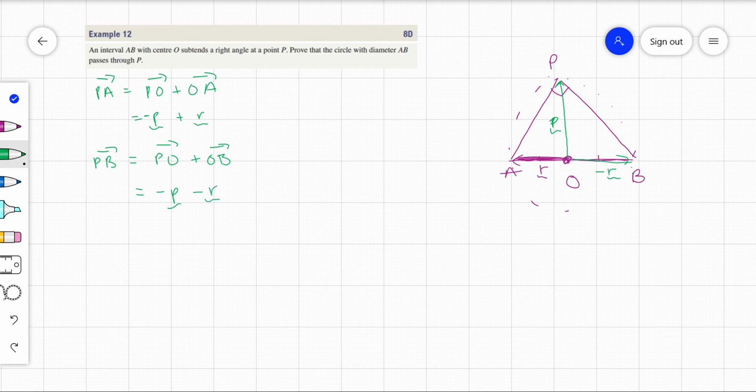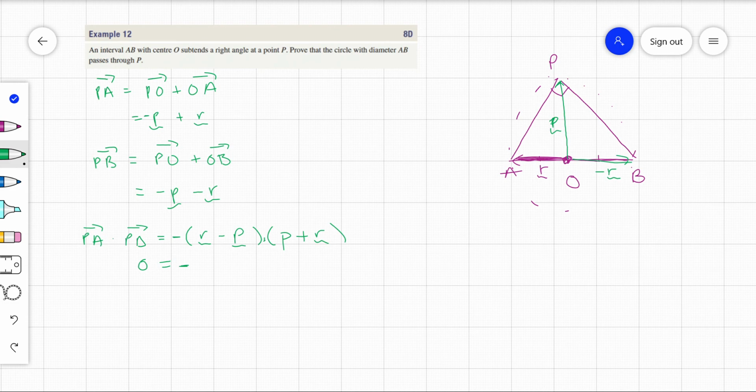When I do the dot product of PA with PB, I know I'm going to get 0. So I write R minus P, dotted with, and I'll put the minus out the front, minus P plus R, factorizing by that minus. That dotted with that has to be 0.